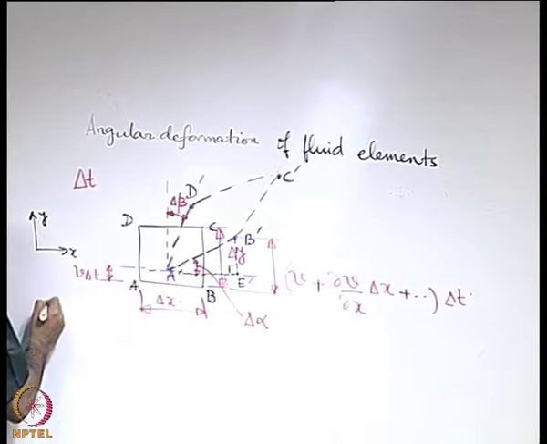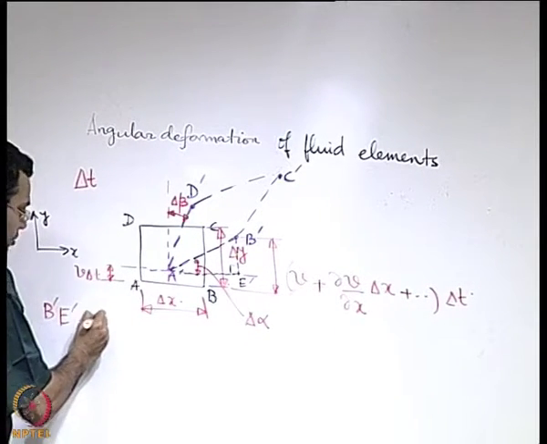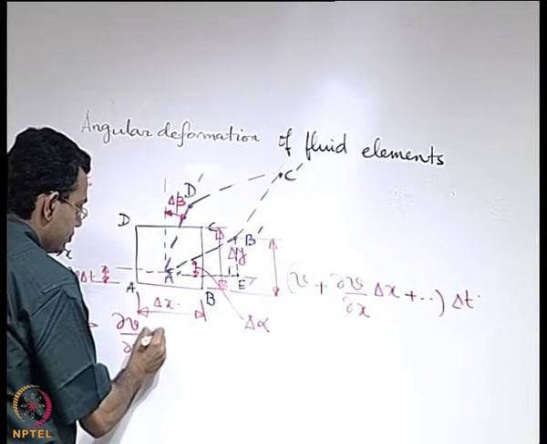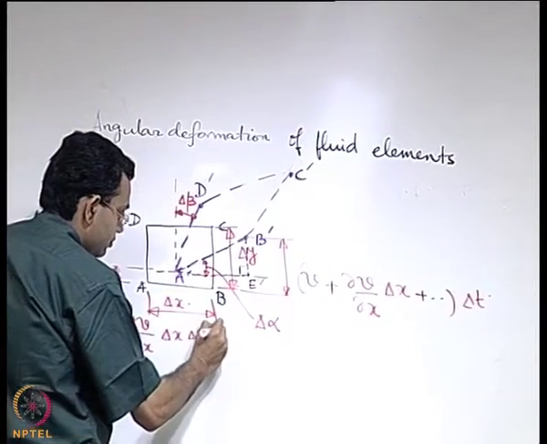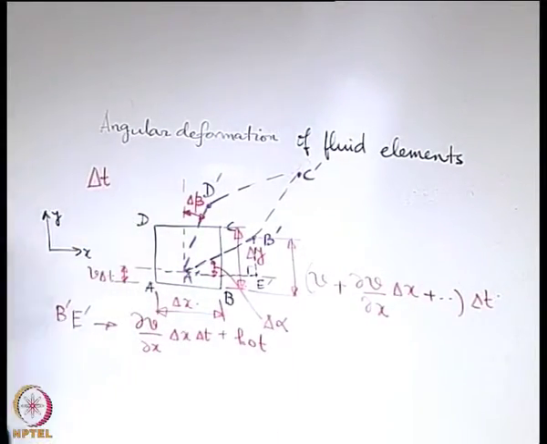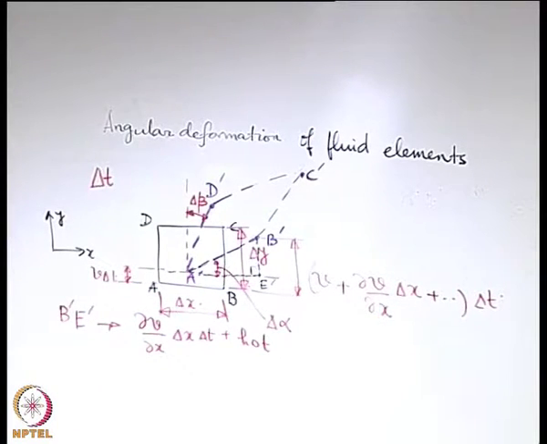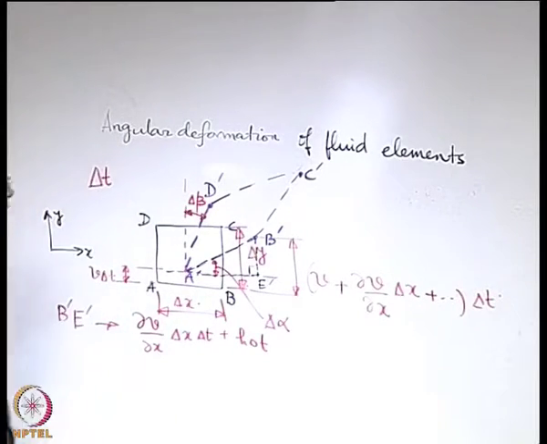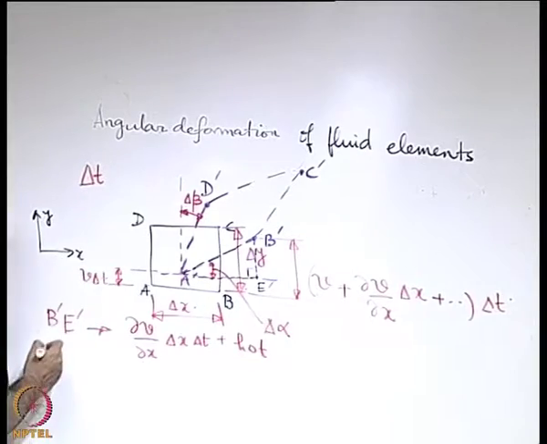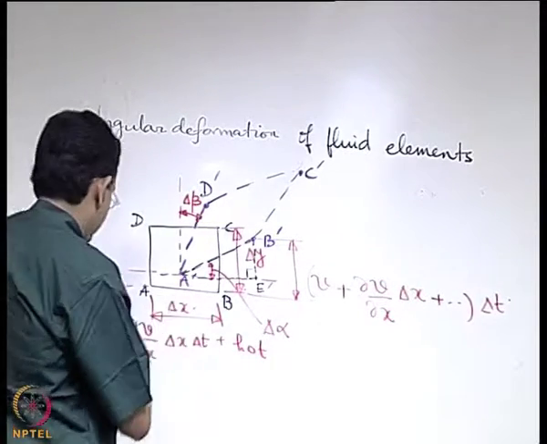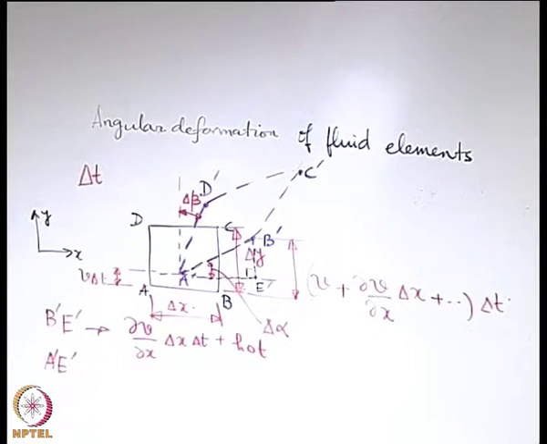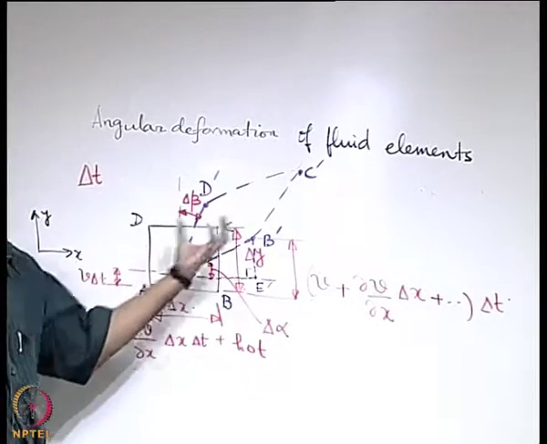So, we can say that B prime E prime is nothing but the difference between these two, like this. Similarly, what is A prime E prime? A prime E prime is delta x plus some higher order term.